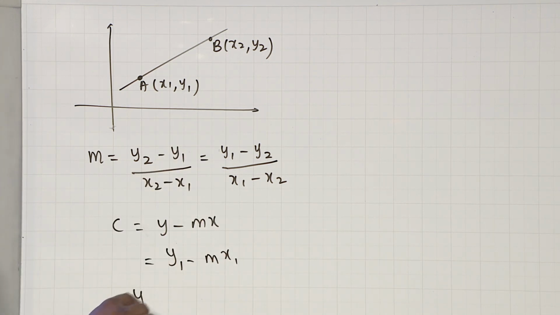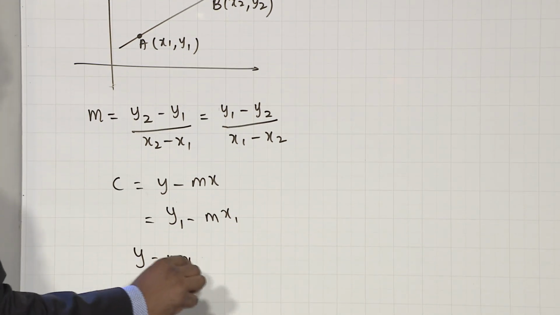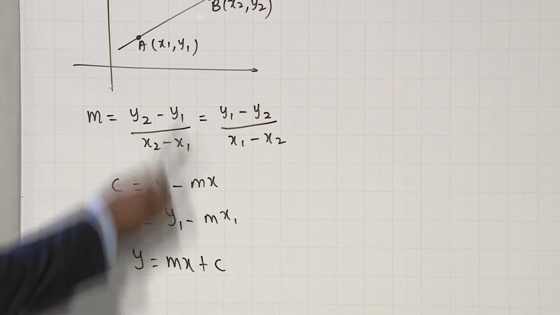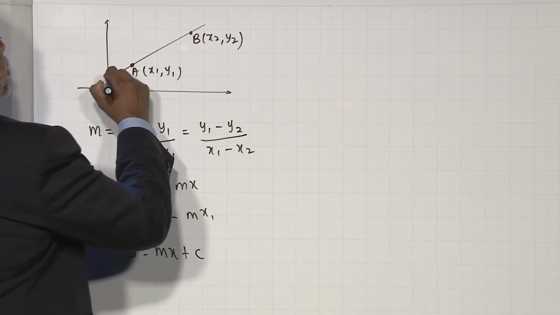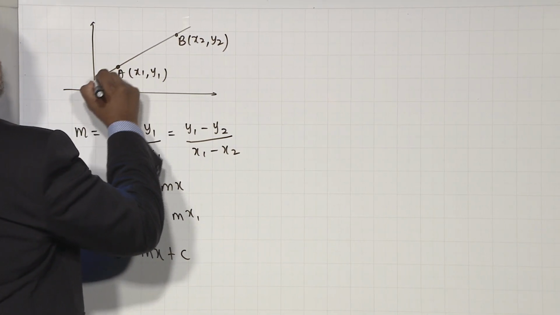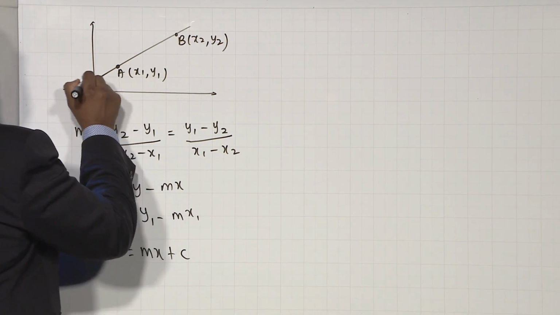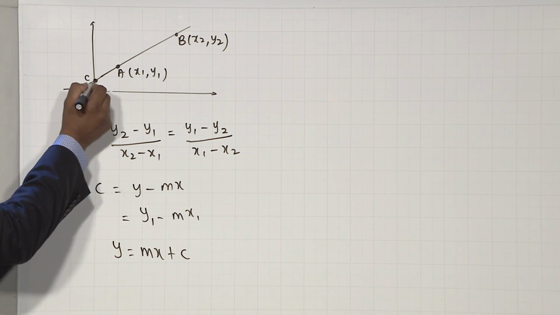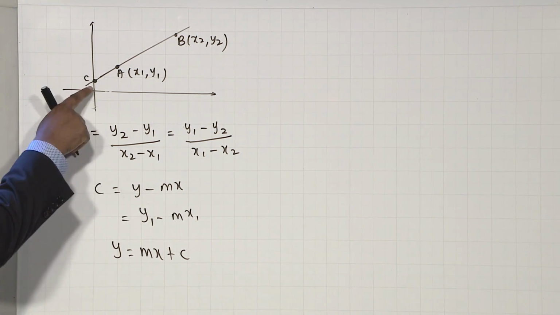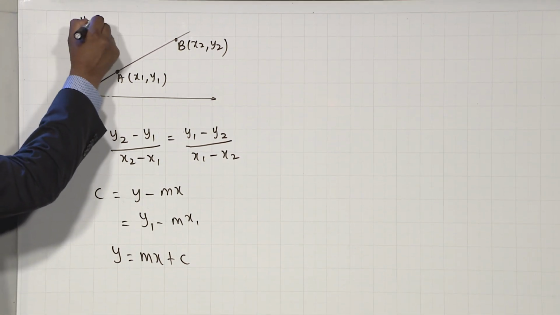Hence, I can write the equation of the line, y is equal to mx plus c. So, I can find the gradient, I can find the y-intercept. Remember, what is the y-intercept? The y-intercept is the value of y where the line cuts the y-axis.